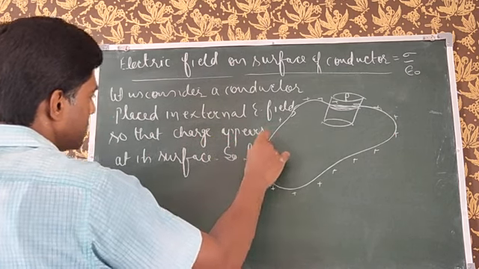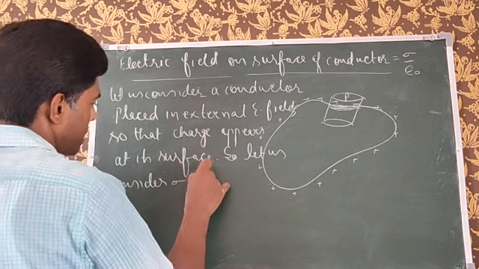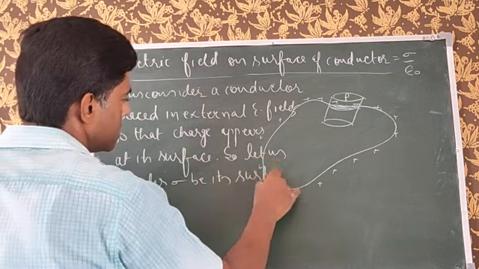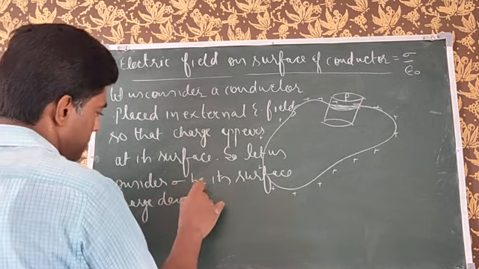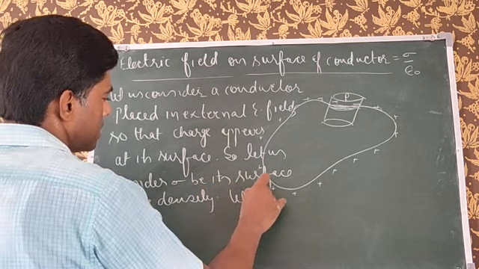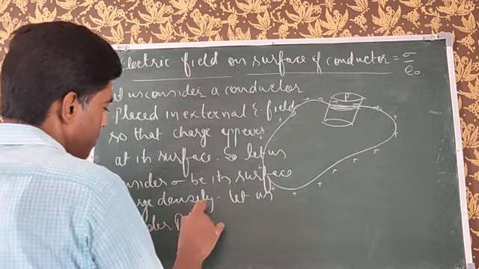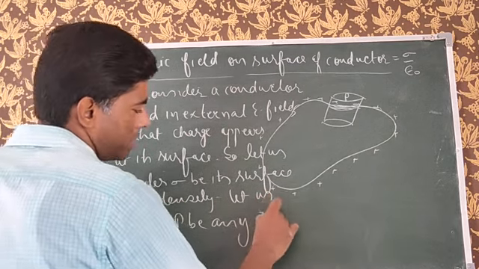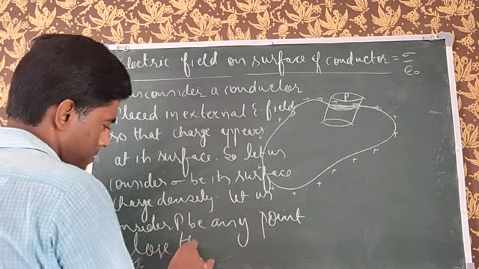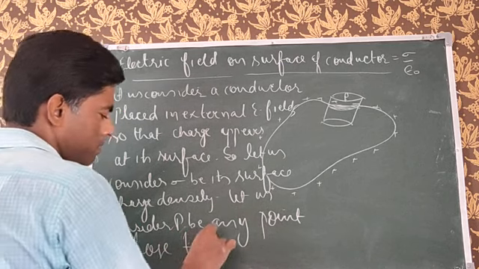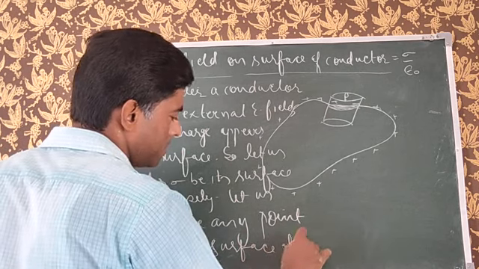So let us consider sigma be its surface charge density. Let us consider P be any point close to the surface of the conductor.